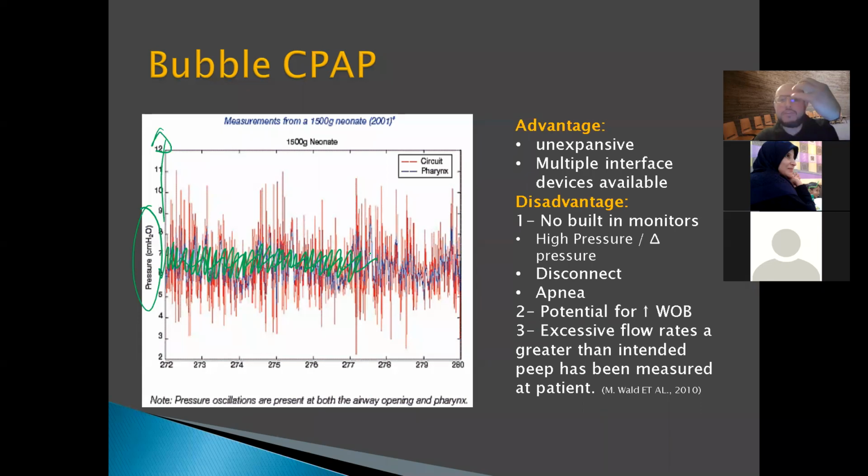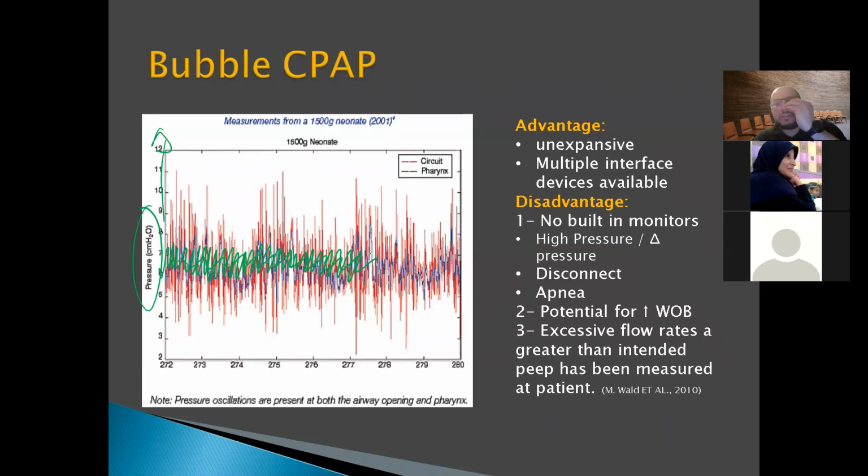If you're using a nasal mask and it is lost, the bubbling stops, the baby desats, and you're not aware. That's very tricky. With the RAM cannula or nasal prongs, there's no issue; it's very unlikely the baby will lose the interface. But with the nasal mask, it might be an issue.